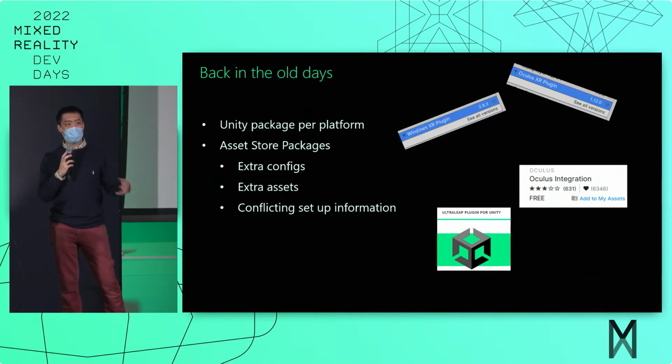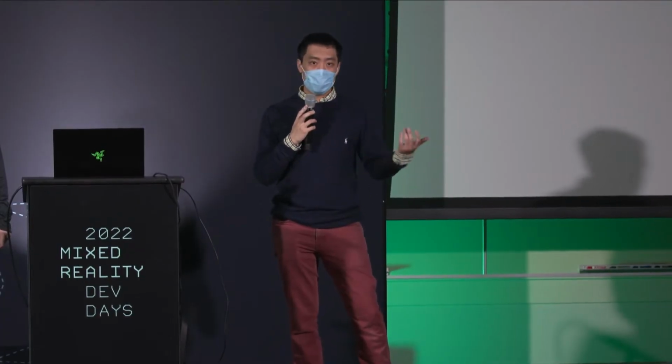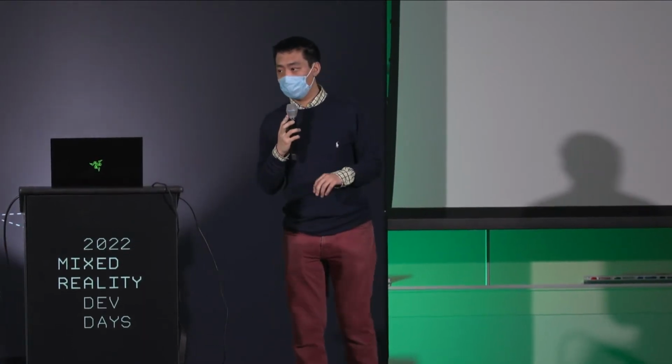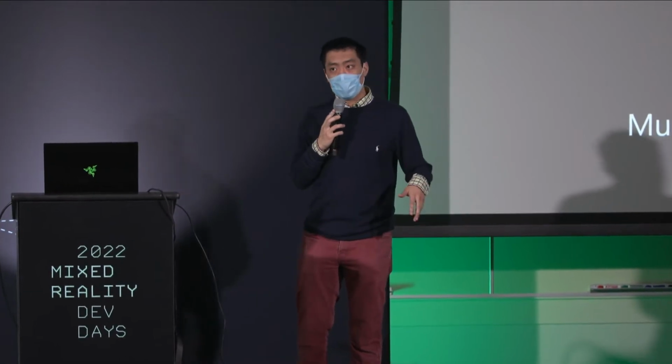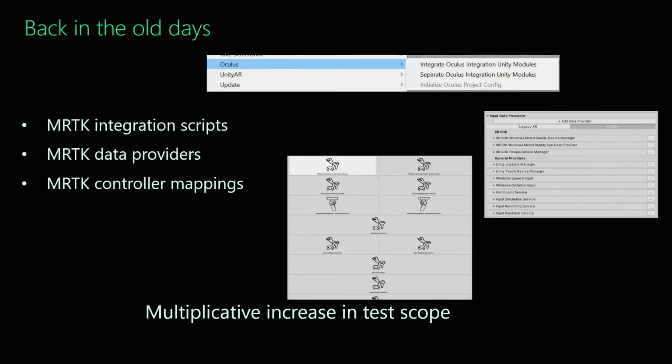Those sites also had lots of potentially conflicting setup information, because these asset store packages were intended to just work out of the box on their own, but they were missing the key things that MRTK has provided, such as interaction support, buttons, UIs, things like that. And so you would end up with a lot of extraneous stuff, and it got pretty confusing to make sure everything was behaving as you expected. So even after you got all of that working, MRTK still existed as a separate package beyond the frameworks that these platforms themselves provided.